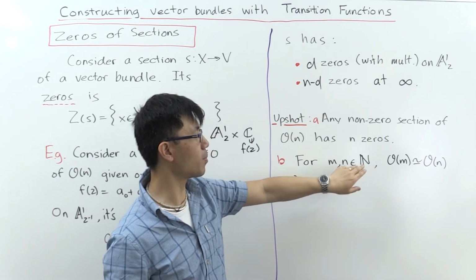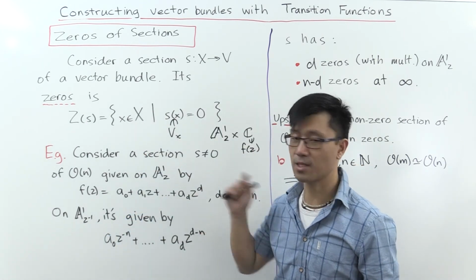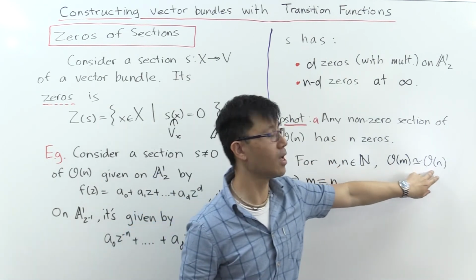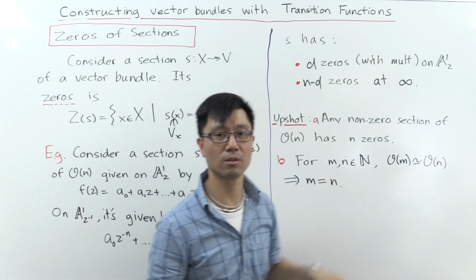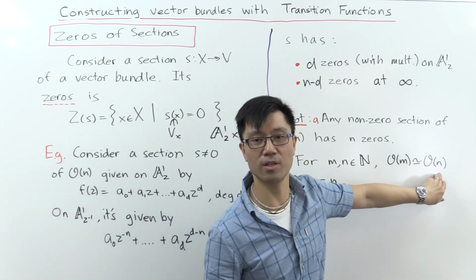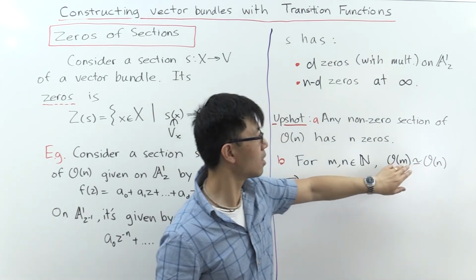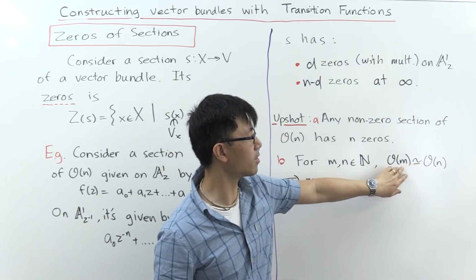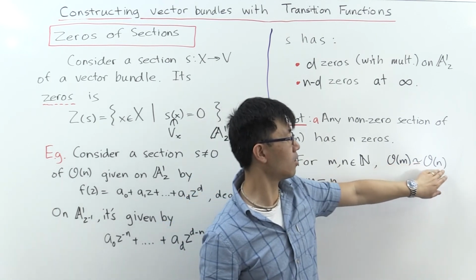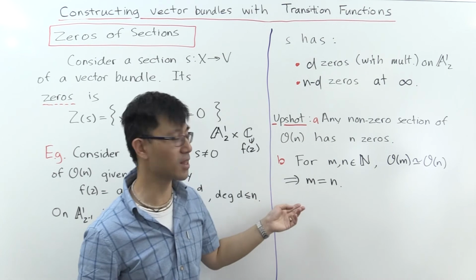In particular, suppose you have two natural numbers, m and n, so you do have non-zero sections of these line bundles, and suppose they're isomorphic. Well, you can take a section of one of them, which will correspond to a section of the other one as well, and look at the zeros of them. On one side here, you'll find that there are m zeros, and on the other side, you'll find there are n zeros. So of course, m and n have to be the same.